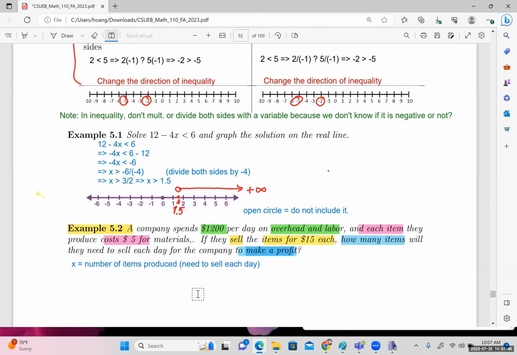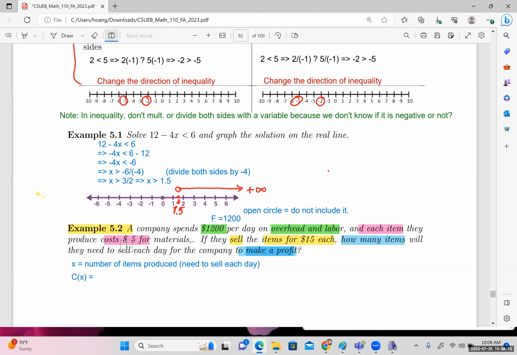So we will have C of x. We will have to make the cost function, with fixed costs over here 1,200, right?